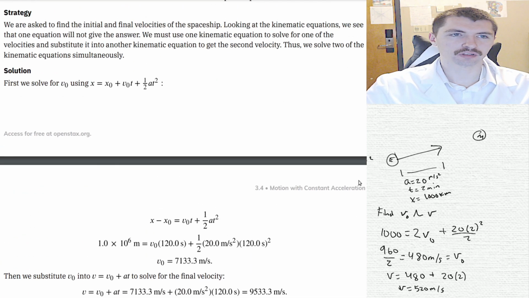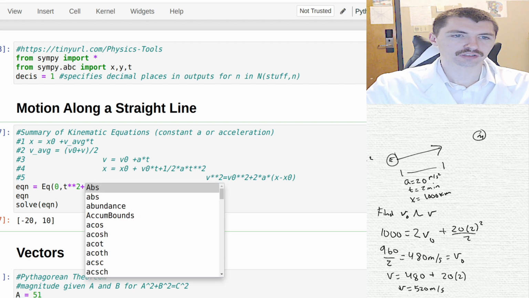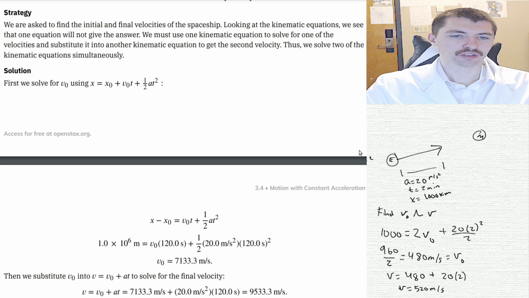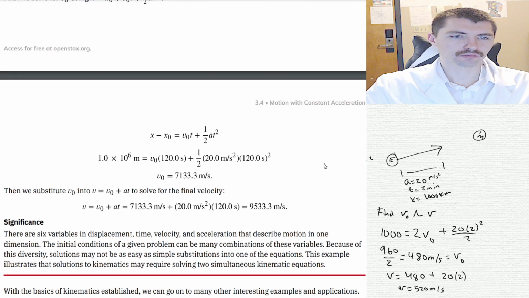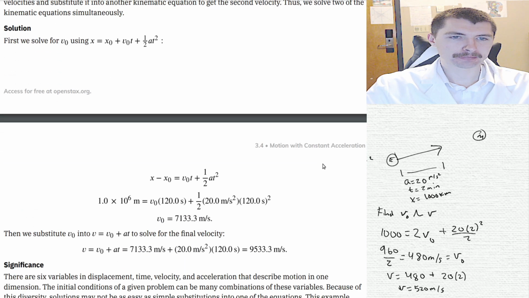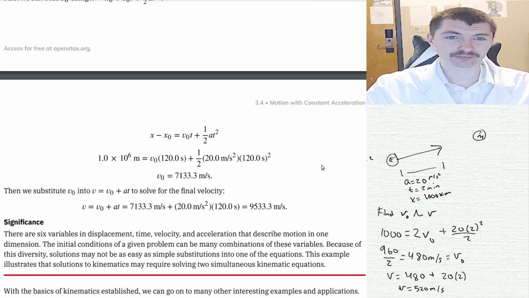And we're way off. Okay, what happened here? They're using equation 5. I tried using equation 4. And they convert it to seconds. Okay.